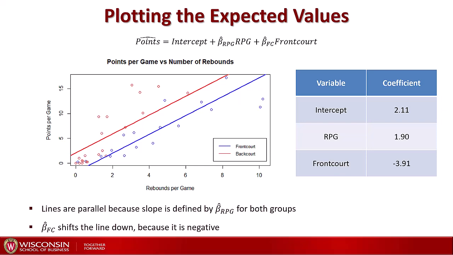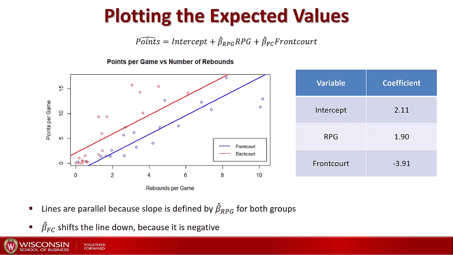And when front court equals 1, we have intercept plus beta hat RPG times RPG plus beta hat FC. This is equivalent to drawing these two lines, and we can see the estimates on the right. They are parallel because the only variable that's changing here is rebounds per game. If front court is 1, we have the blue line, and if front court is 0, we have the red line, the back court.